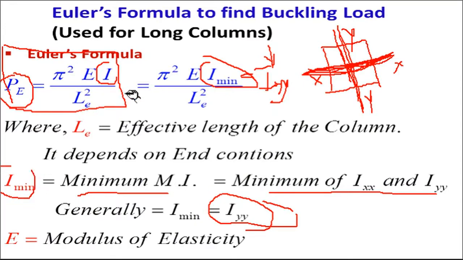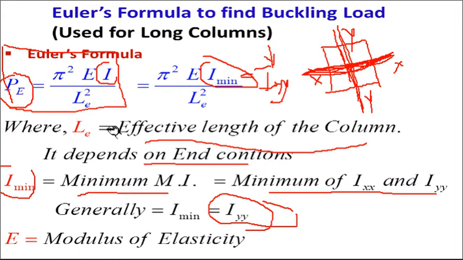Next term here is pi square EI minimum upon LE square. Now what is LE? LE is nothing but the effective length of the column. It depends upon the end condition, how the column is supported at the end, whether it is fixed at the end, hinged at the end, rollered at the end, or free at the end.